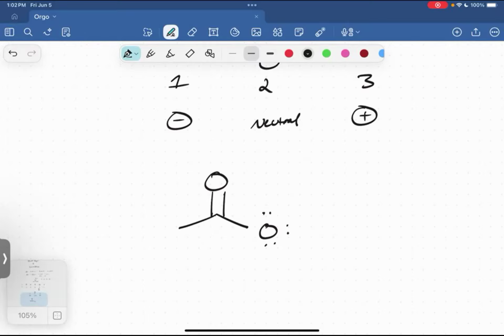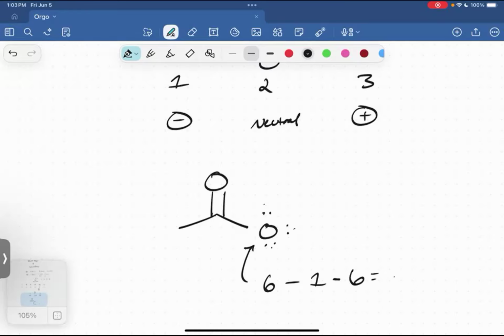Let's do the formal charge of that atom. Oxygen has 6 valence electrons. We get that from the periodic table. Minus one bond that it's making. Minus how many lone electrons does it possess? 6. 2, 4, 6.